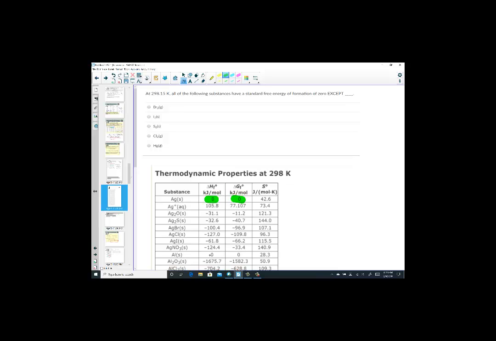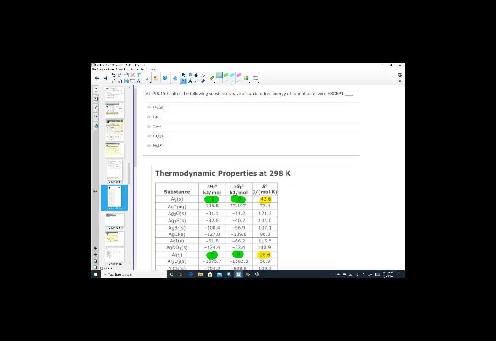Here's another example of solid aluminum. That's an element, how we find it in its natural state. But every compound has a positive entropy value. So notice that even though we have zeros assigned to the elements for enthalpy and Gibbs free energy, they are indeed positive numbers for entropy.